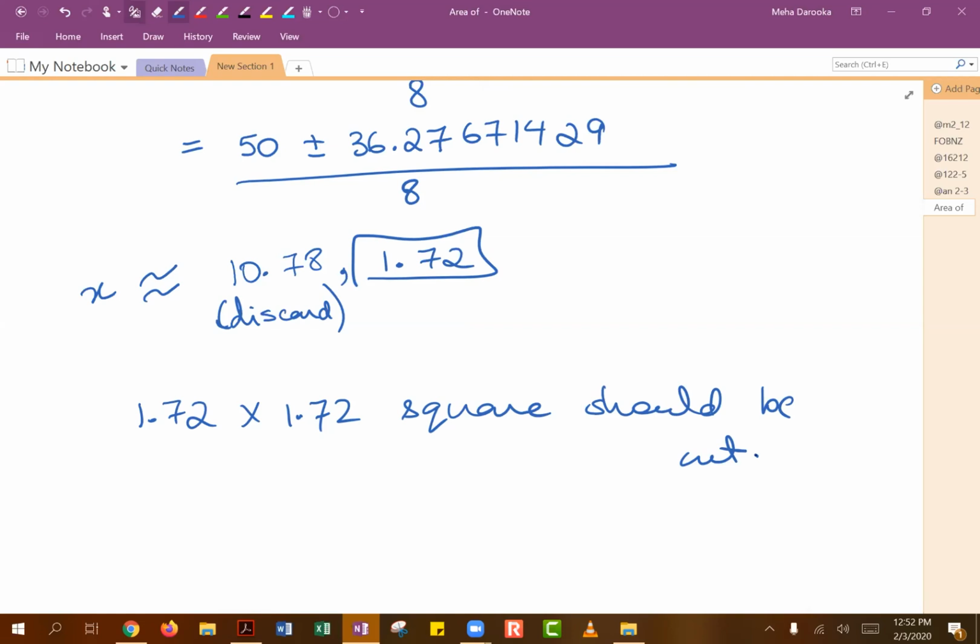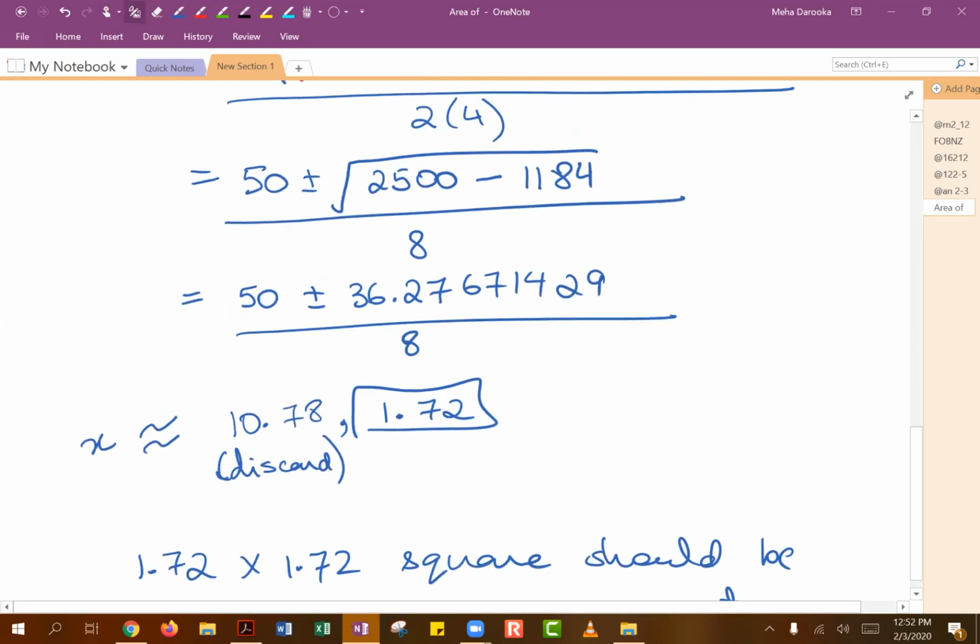Plus or minus 36, divide that by... Okay, so you got your square root of 1316. Now to that number, add 50, and then divide that answer by 8.